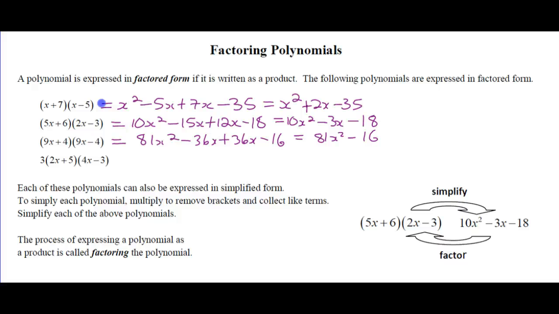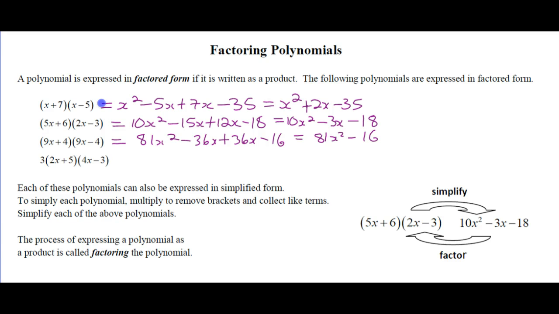The conjugate means it's the same two terms, 9x and a 4, once with the plus sign, once with the minus sign. Their special product is that the outer and inner products are the same but have opposite signs, so we can go straight to difference of squares.